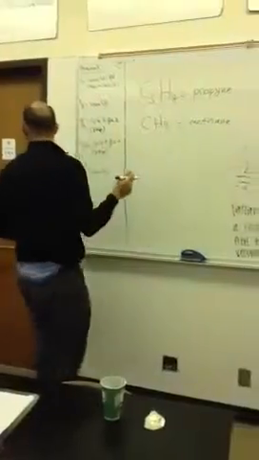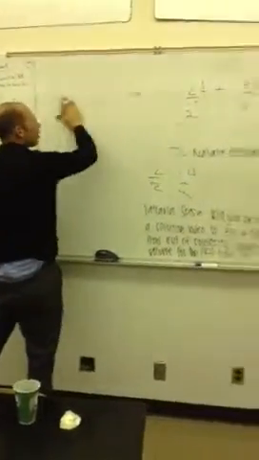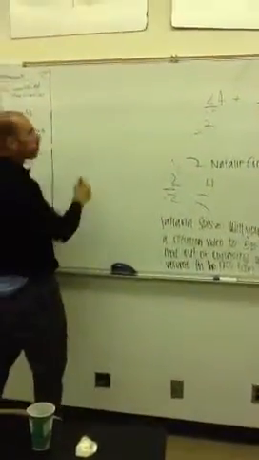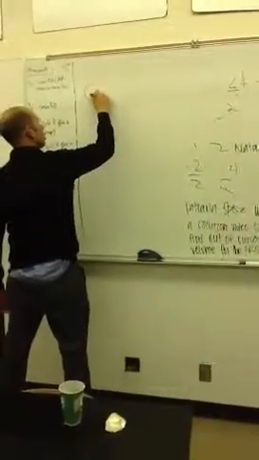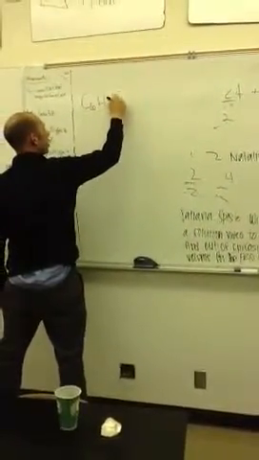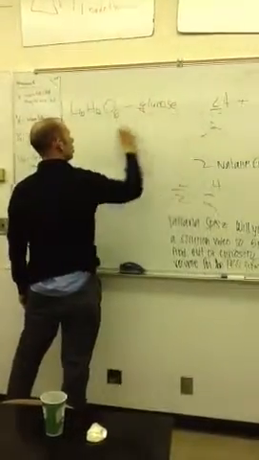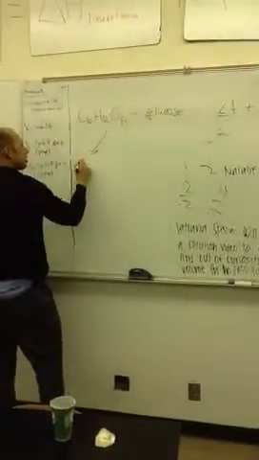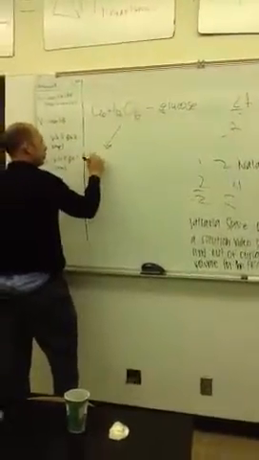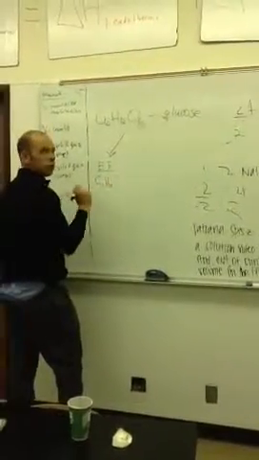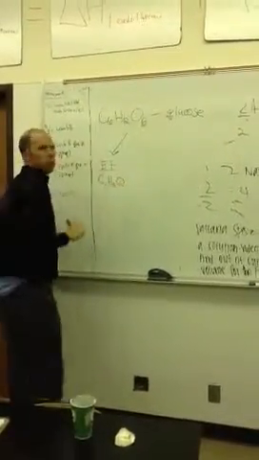So let me give you an example of them being different. Glucose. Glucose is C6H12O6. Glucose's empirical formula, we'll say EF, is C1H2O1.